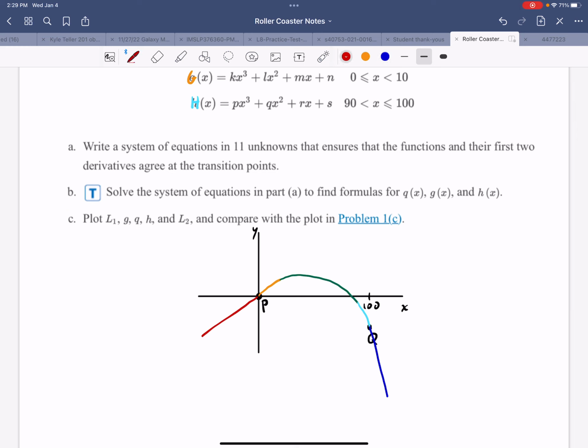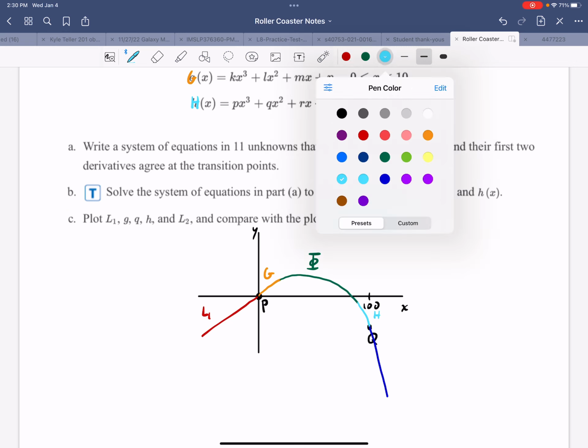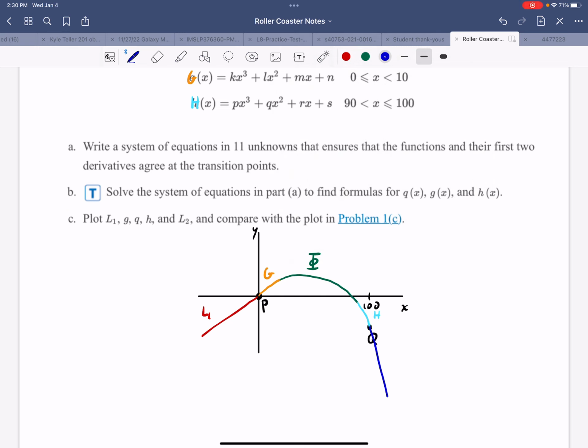So just to be clear, here we have L1, here we have G, here we have capital phi, here we have h, and then last we have L2 as before.